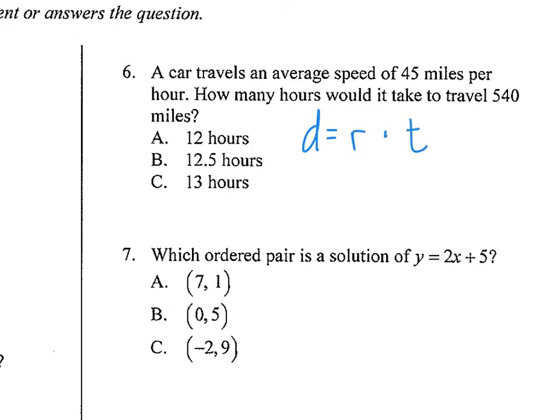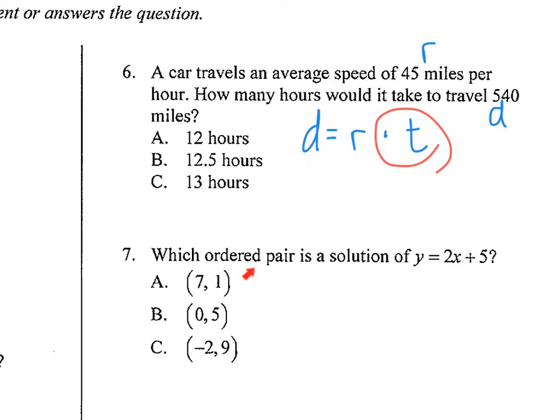They give us a rate, which would be here, and a distance, which would be that. We do not have a t, a time. That's what they're looking for. So plug everybody in, solve for t, A, B, or C, which is your answer.